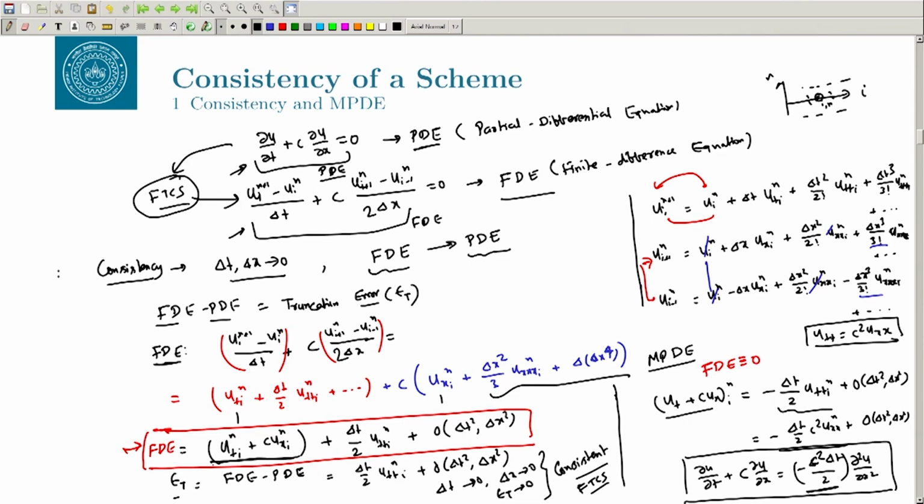That means your scheme will become unstable because it has got negative diffusion. That means the viscosity is negative, right. So, that is why this scheme is not suitable for the convection problem. That is where we stopped in the last class. Now let us look at this scheme for another problem, which is the FTBS.